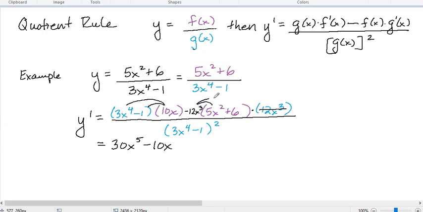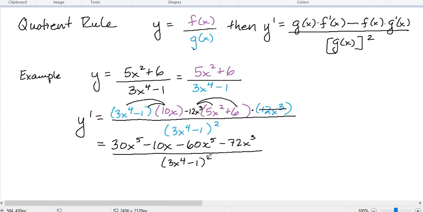And then just distribute the negative and the 12x cubed all together. I find it easier to keep track of the negative sign. That will be all over, and then the denominator you never have to FOIL out. You can just leave it as a quantity squared.